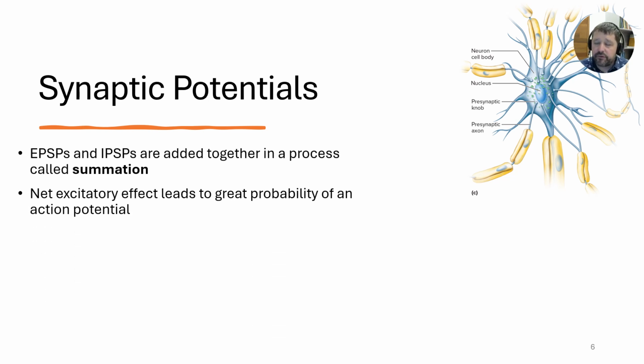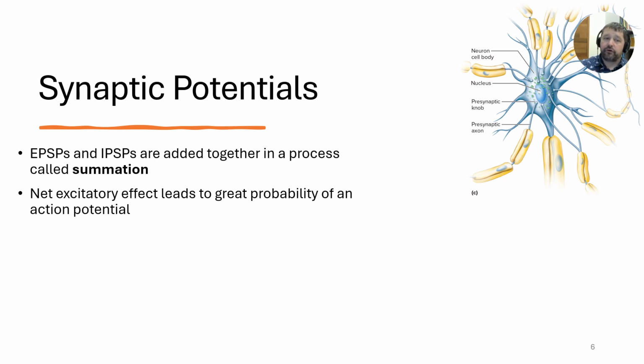That's really where EPSP and IPSP come into play, they're both working collectively. So it's basically a summation of the two. You have things that are going to excite and open up sodium channels, and then you have inhibitors that are going to open up potassium channels or chloride channels.